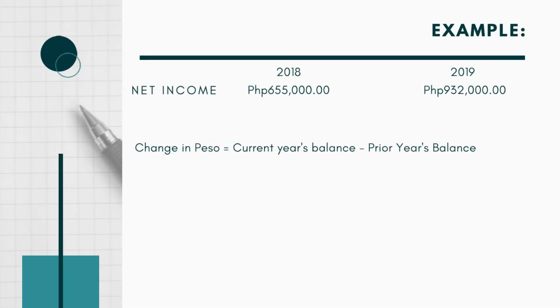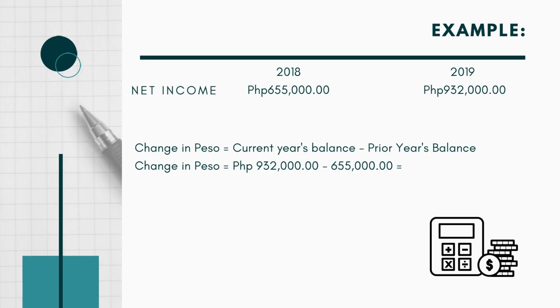Using the formula to get the change in peso, we will subtract 932,000 by 655,000. By the way, you may use your calculator to avoid mistakes and to easily get the answer. So, the answer is 277,000.